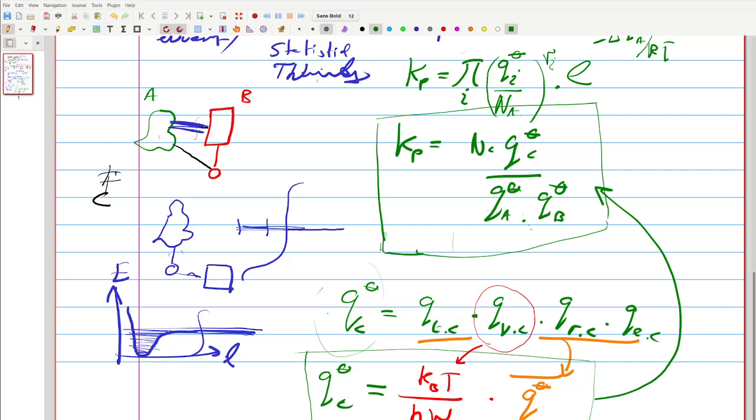Now we substitute this one in this, and we get a new equation for Kp. We substitute the Q bar for Qc, and the part that we substitute, I'll write in a different color. Here you have Qa, Qb.